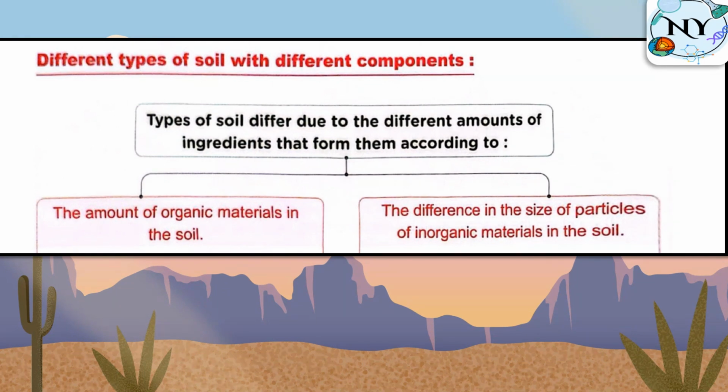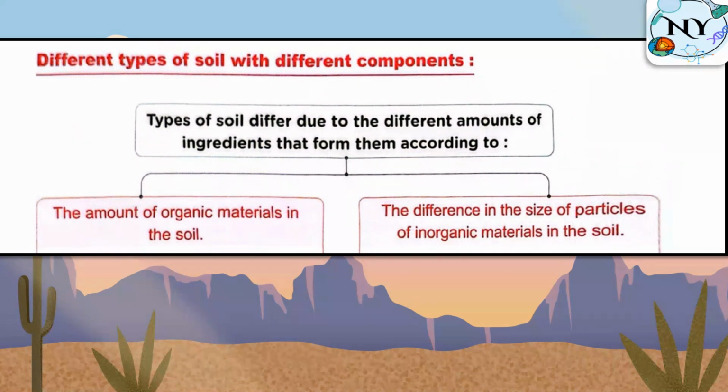So here, give reason, we have different types of soil because أو due to different amounts of ingredients that form them according to. فاكرين في الفيديو اللي فات لما قلت لكم إن we have different ingredients، أو لما اتكلمنا عن ال components of the soil؟ اللي فاكر فيكم ال 5 components of the soil يا ريت يكتبهم لي تحت في الكومنتس، وهسيب لكم لينك الفيديو هيظهر لكم دلوقتي فوق عشان تراجعوا ال components of the soil كانت إيه.